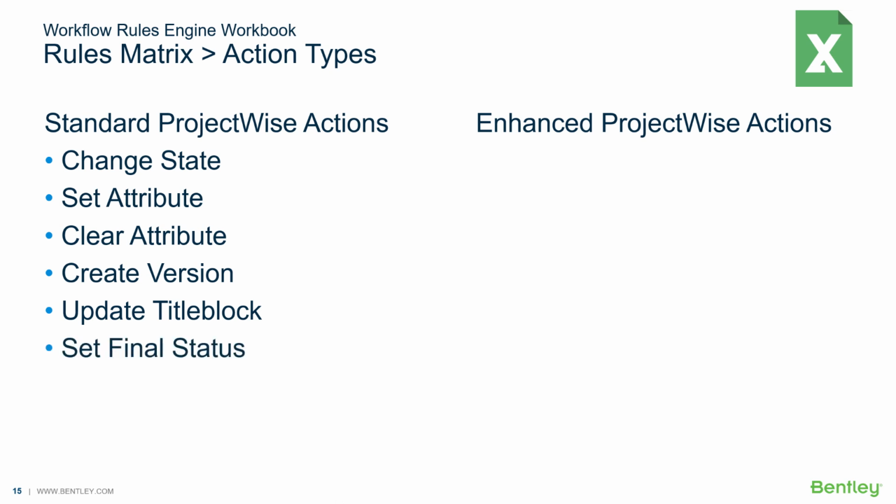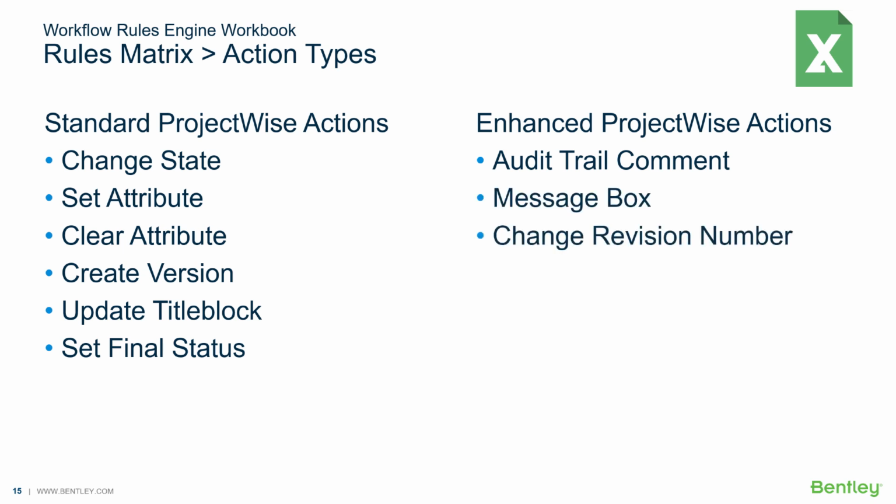Enhanced actions include audit trail comment, message box, change revision number, and shift revision history. Descriptions and usage for each action type can be found in the Workflows, States, and Messaging Agent section in the ProjectWise Administrator Help located on docs.bentley.com.